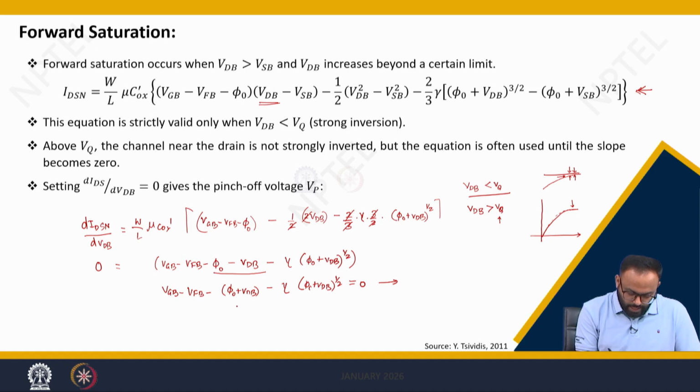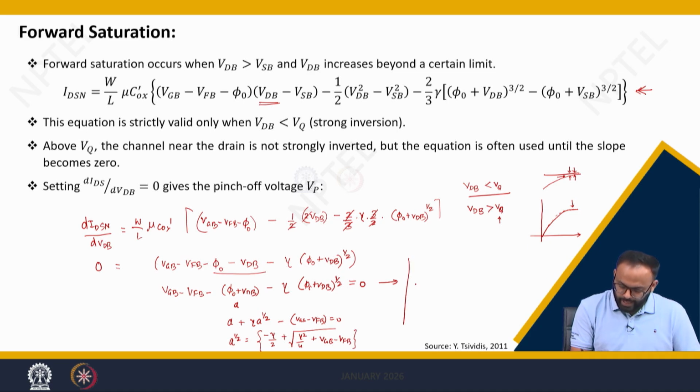Let us consider this as A. The overall equation will be A plus gamma times A to the power 1 by 2 minus VGB minus VFB equals 0. This can be solved as A to the power 1 by 2 equals minus gamma by 2 plus square root of gamma square by 4 plus VGB minus VFB.